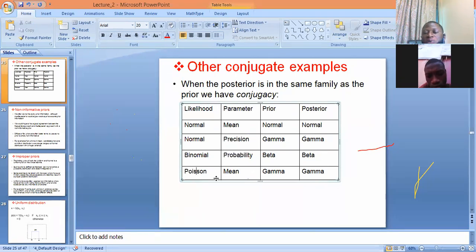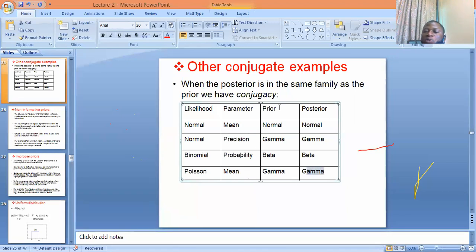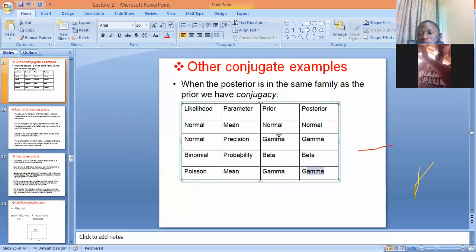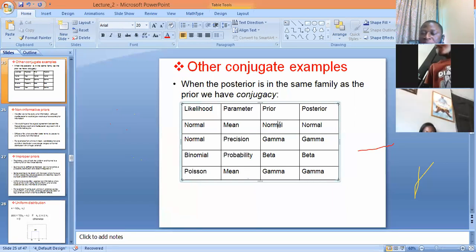Then for the Poisson distribution, if we assume a gamma distribution for the parameters in the Poisson distribution, the resulting posterior is also going to be a gamma distribution. So whenever you assume a particular distribution for the prior and multiply that by the data likelihood, and the posterior is the same as the prior distribution, then such priors are referred to as conjugate priors.